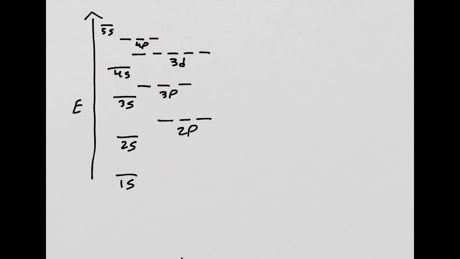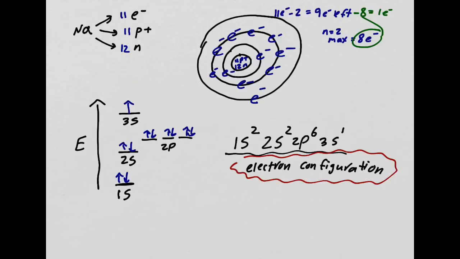But we would never really ask you to do electron configuration based on this. What I want you to get out of this is to learn that electron configuration is building an atom. It tells you what an atom looks like.